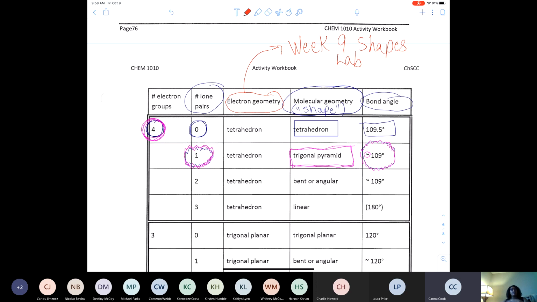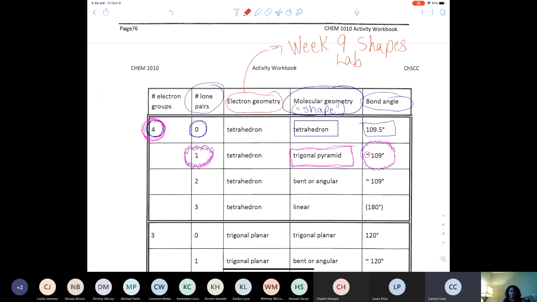So we'll dig a little bit deeper into that when we return from fall break. But today we're just interested in the molecular geometry or the molecular shape and bond angle.